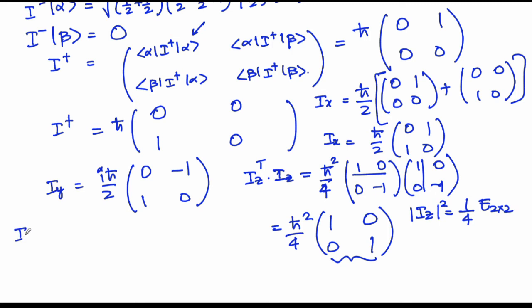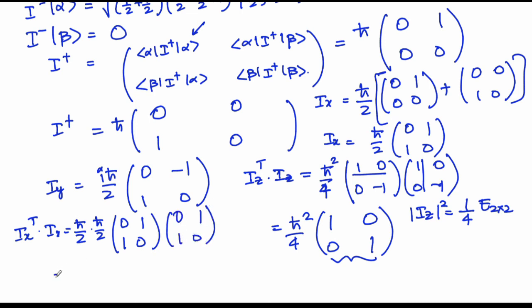Similarly, let's try to do Ix transpose times Ix. This will be equal to H cross by 2 times H cross by 2. Since you are squaring it, the elements would remain where they are because there is no distinction that ends up coming. So this will be H cross square by 4, and taking the product, you're going to end up getting 1 0 0 1.